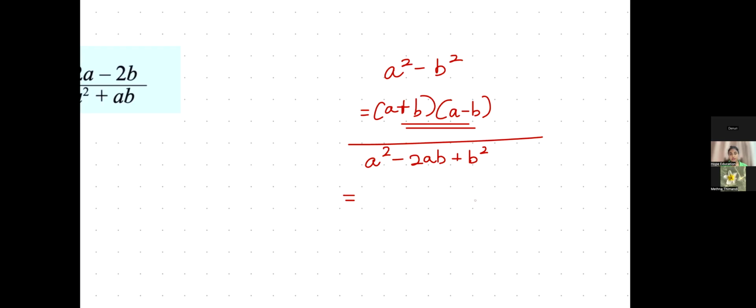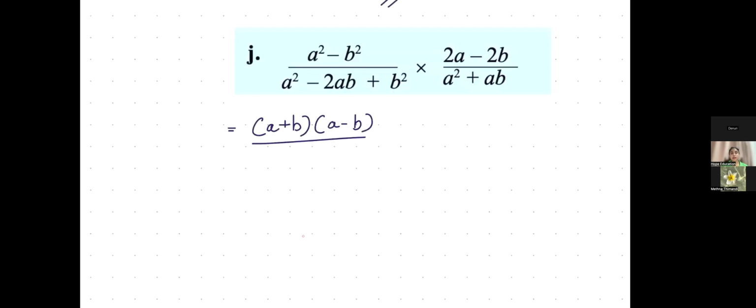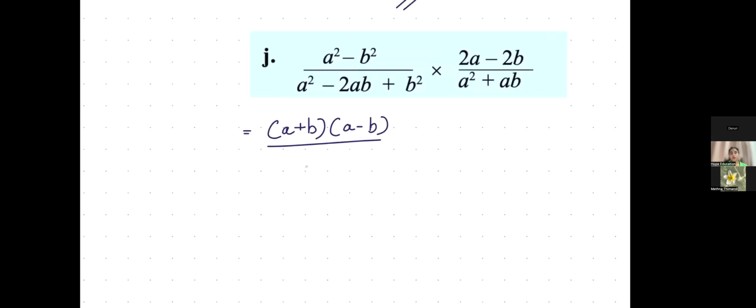Right? And then A squared comes here. Here it would be minus 1AB minus 1AB plus B squared. So that would be A out, A minus B, minus B out, A minus B. So this is actually a square, right? The square term of A minus B. That is A minus B squared. So I will straight away put it here as A minus B squared. If you want, you can write A minus B multiplied by A minus B.